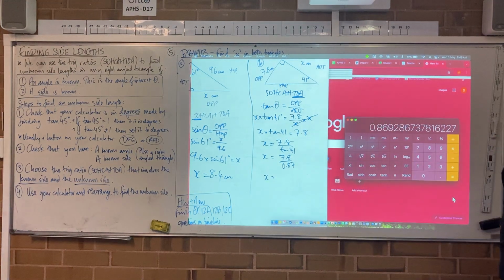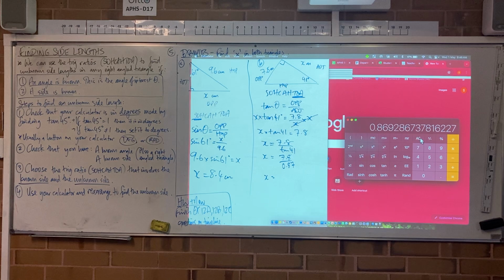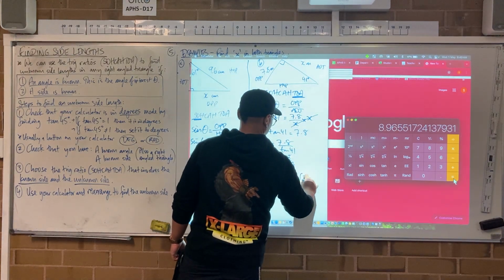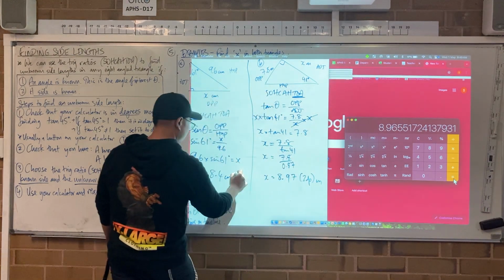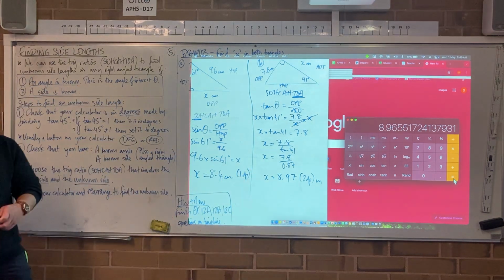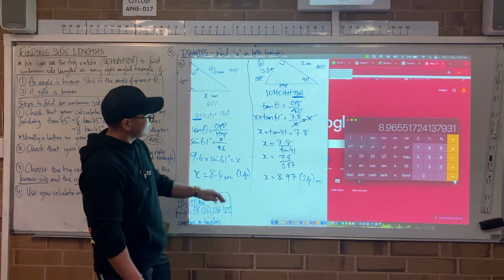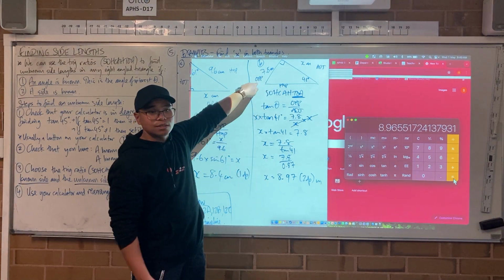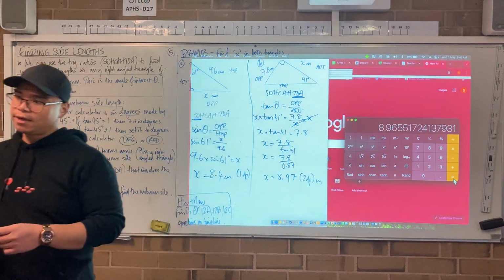And now I can go on my calculator and work that out. 7.8 divided by 0.87, 8.97. It's 2 dp meters. I didn't write, that's 2 dp. 8.97 does, well, we don't know the hypotenuse, so we don't know if it's shorter, but that seems about right because this is 7. Okay?